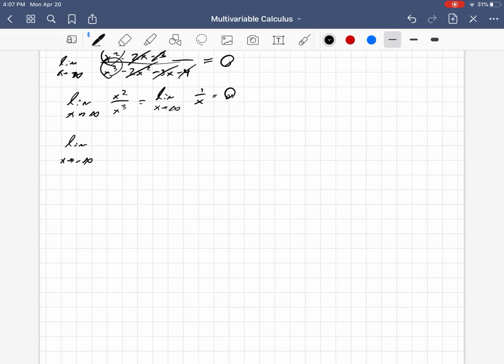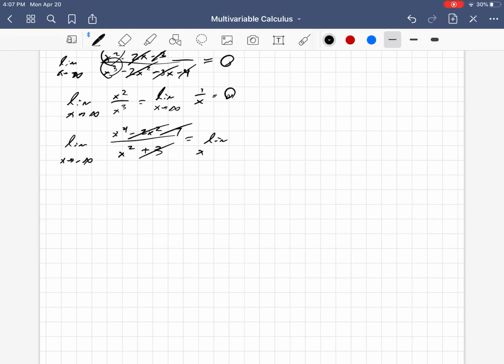Maybe as one more example, I do want to do just one at negative infinity. Limit as x approaches negative infinity of, I don't know, x to the 4th minus 2x squared minus 7 over x squared plus 3.